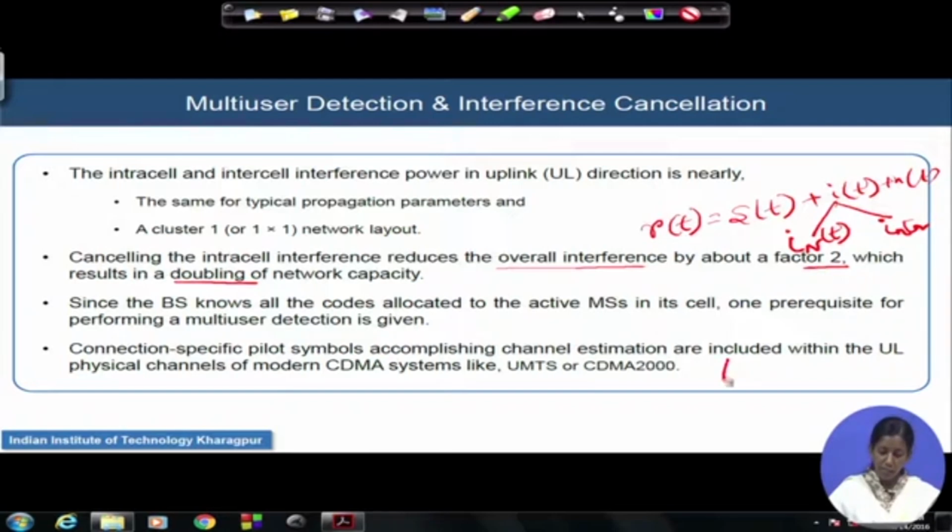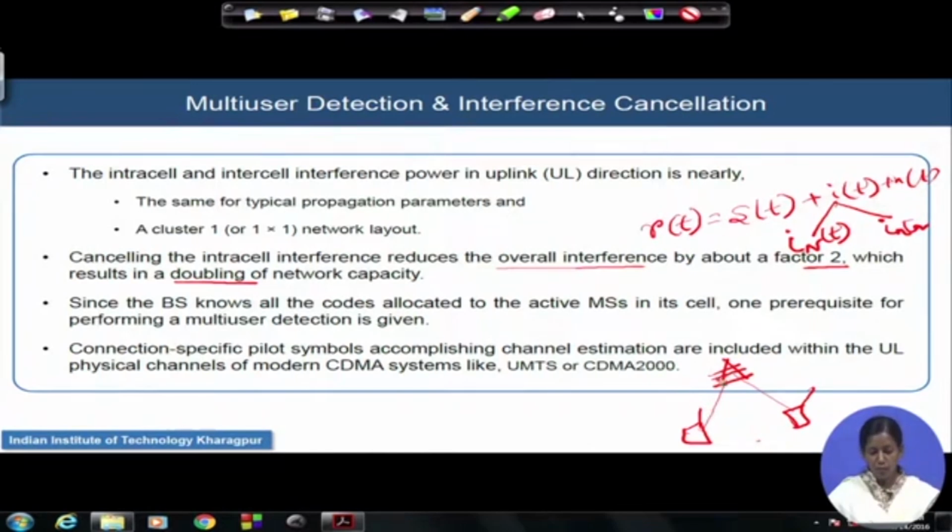Very easy, at least in the downlink, because in the base station to mobile station communication, who is allotting the codes? Codes are dynamically allotted in the network by the base station. So, the base station has a very good knowledge of who is using what kind of codes, and whenever he is getting signals from the uplink, he understands who your neighbors are and what codes are getting used by all those neighbors.